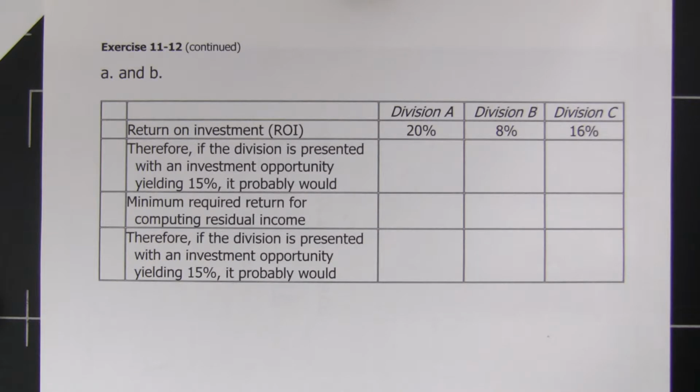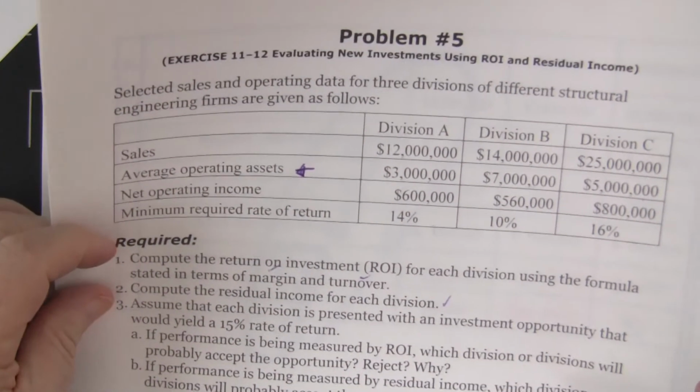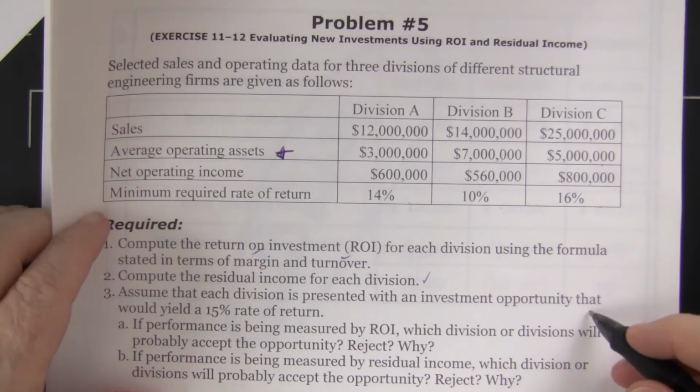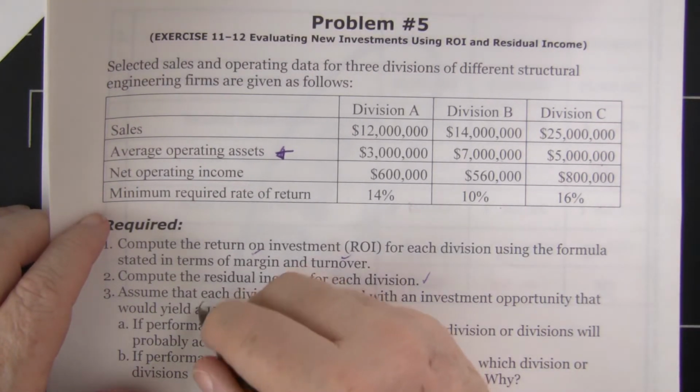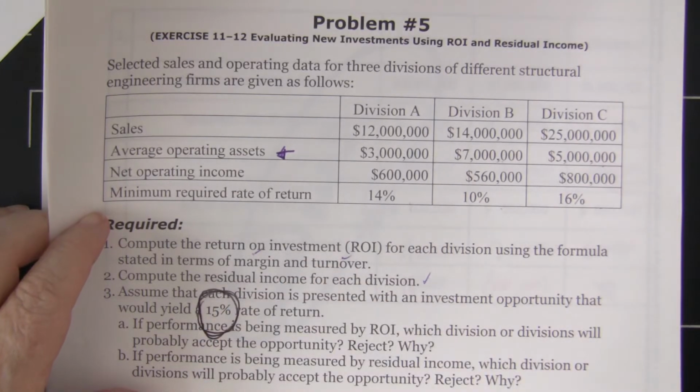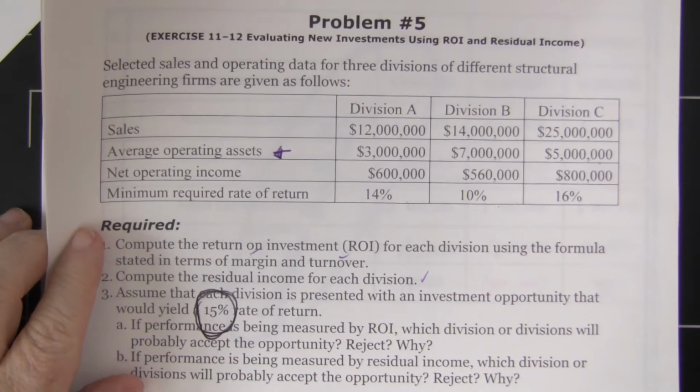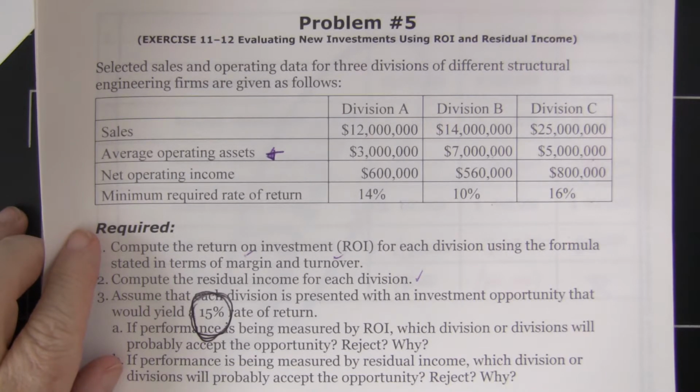Now it says, okay, based on what we now know, we've got these 3 divisions, we're looking at a project, and they tell us they're looking at an investment opportunity with a 15% rate of return. Do we accept this? Is this good for the company? Yes or no?